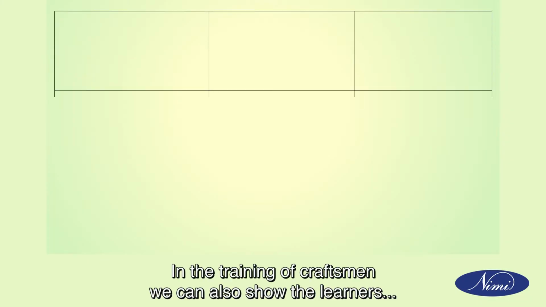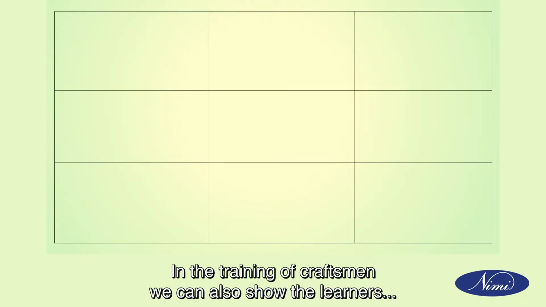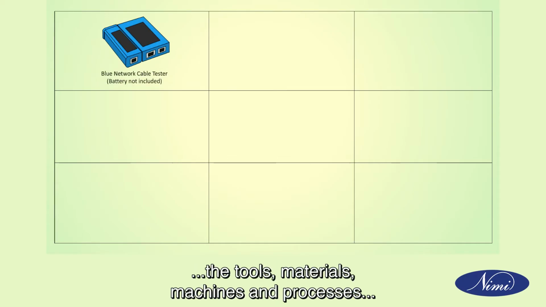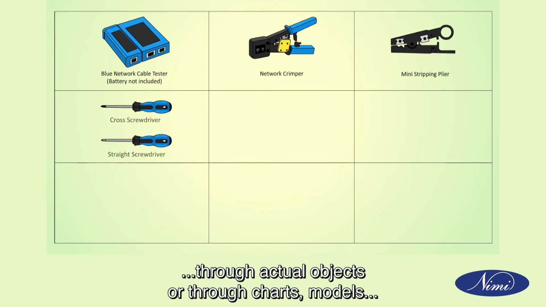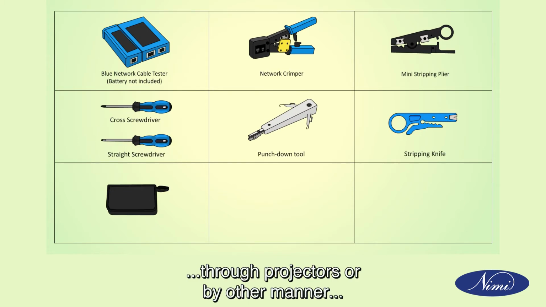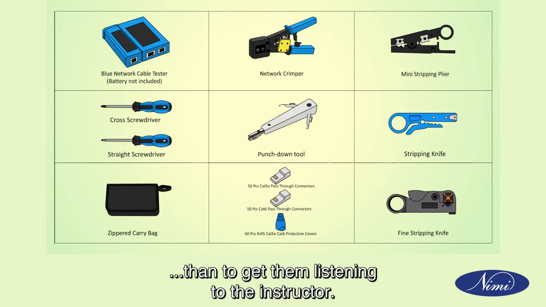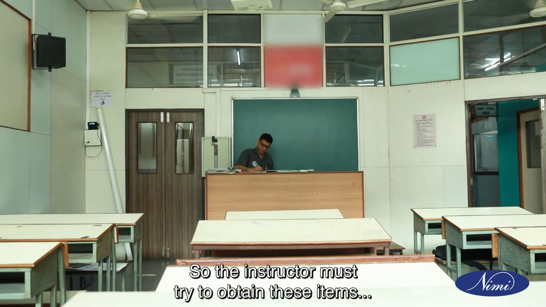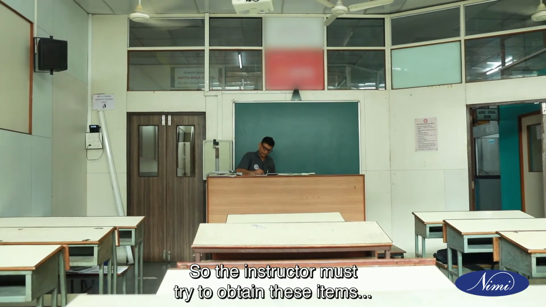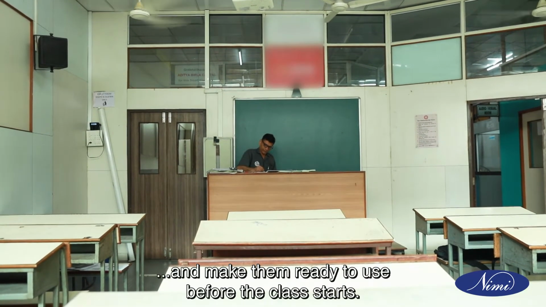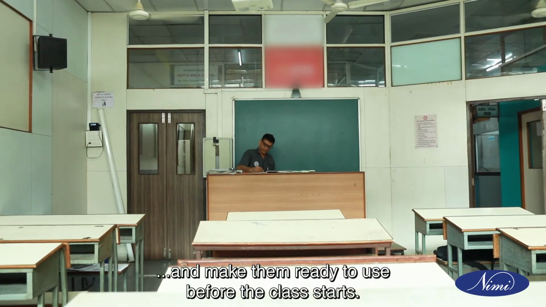In the training of craftsmen, we can also show the learners the tools, materials, machines, and processes through actual objects or through charts, models, through projectors, or by other manner than to get them listening to the instructor. So the instructor must try to obtain these items and make them ready to use before the class starts.